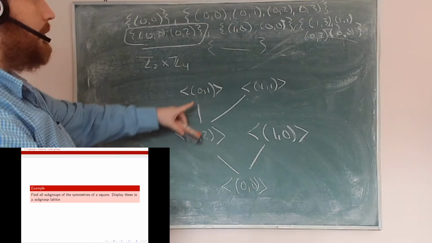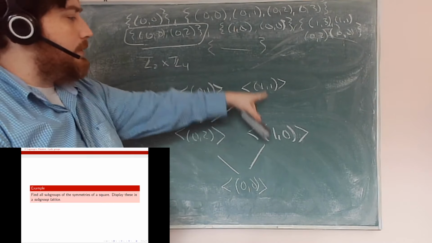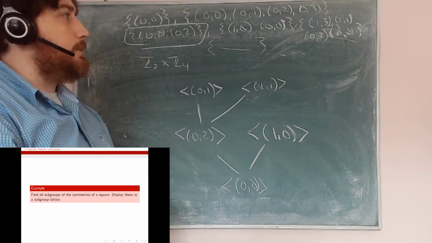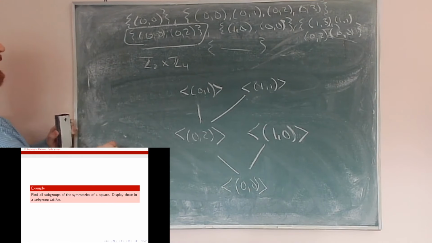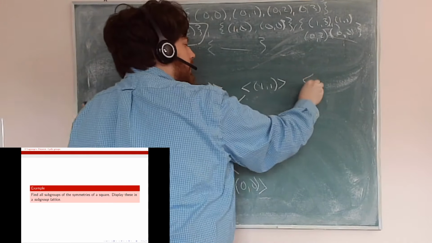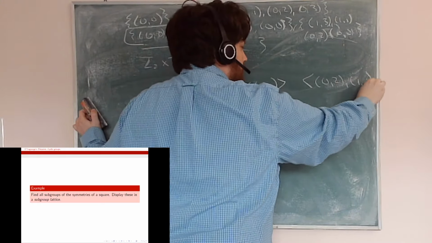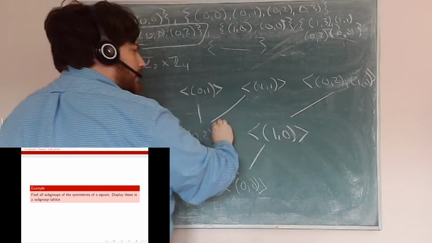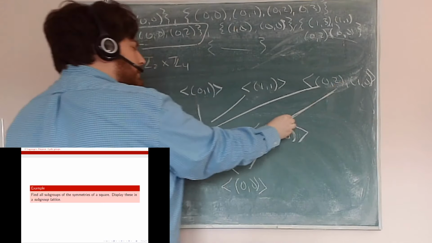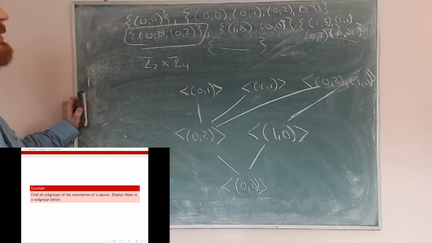The other 4 element group is the one generated by 2 elements, (0,2) and (1,0). If I take the group generated by (0,2) and (1,0), that's going to contain these 2, so I'm going to draw a line both directions.